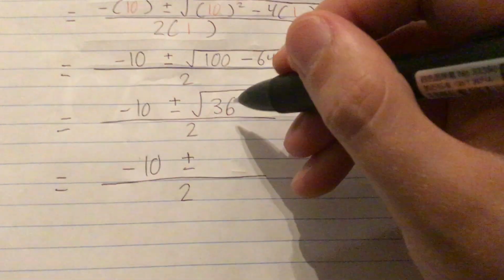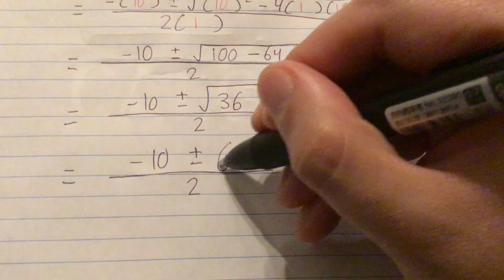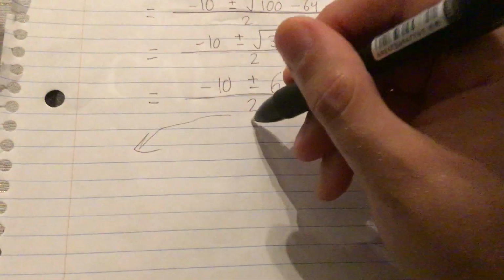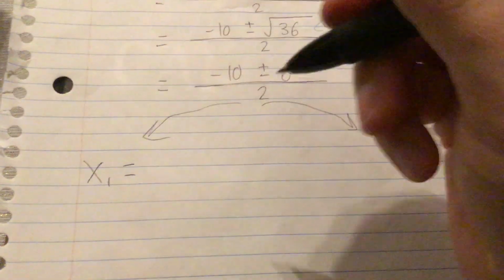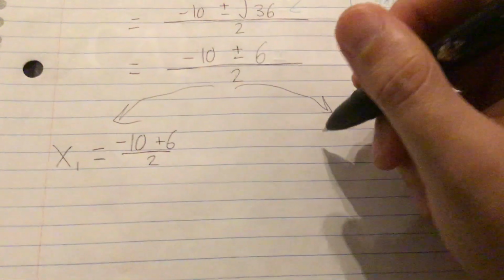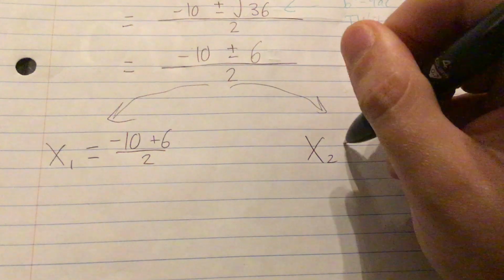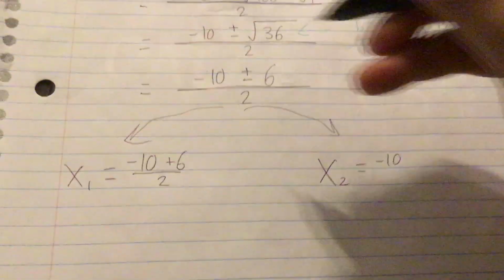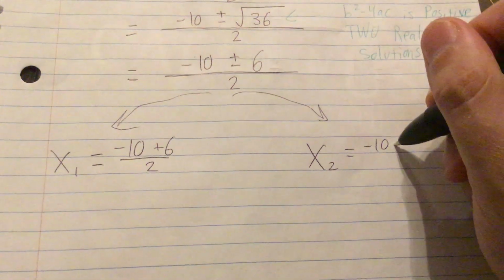So in particular, negative 10 and 2 over here, the square root of 36 is 6. So now we split this into the two solutions. x1 is equal to negative 10 plus 6 over 2, or x2, which is negative 10 minus 6 over 2.